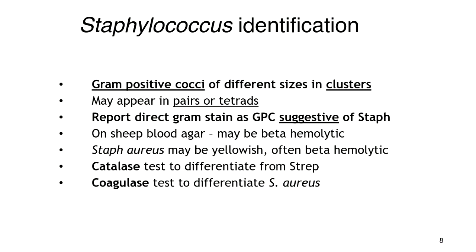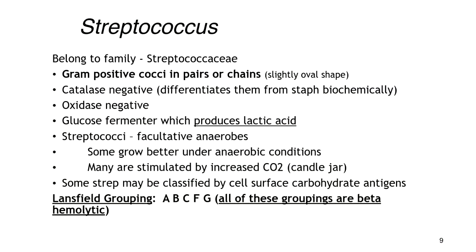And again, Staphylococcus catalase test to differentiate from strep, so catalase positive, and coagulase test to differentiate from Staph aureus. So this is sort of a summary slide. I'm going to do one more slide, and then we will pause on the recording and start another section.